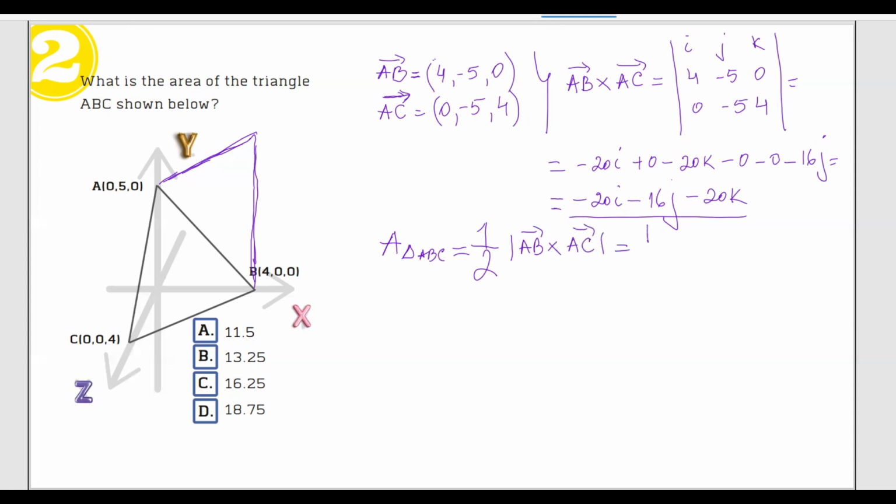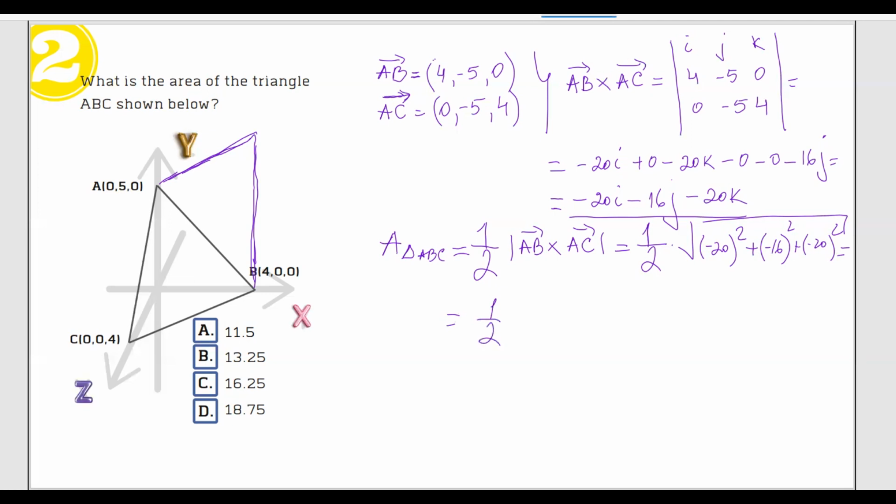And this is going to be equal to 1/2 multiplied by the square root of minus 20 squared, plus minus 16 squared, plus minus 20 squared.